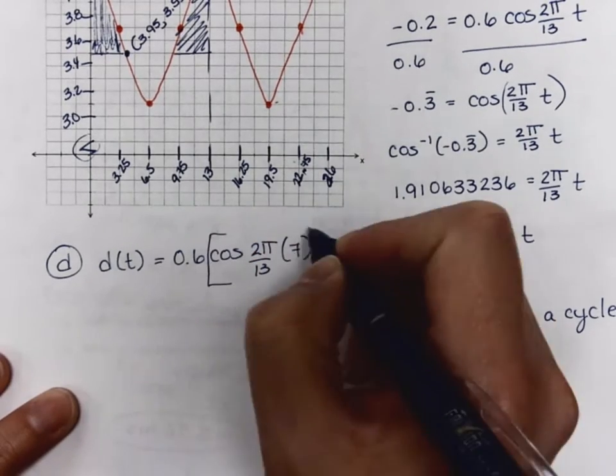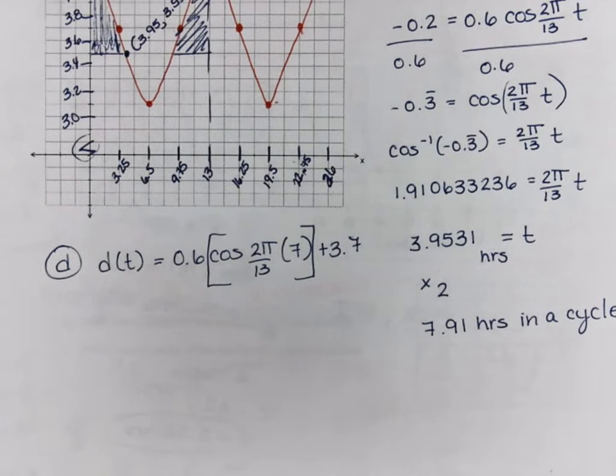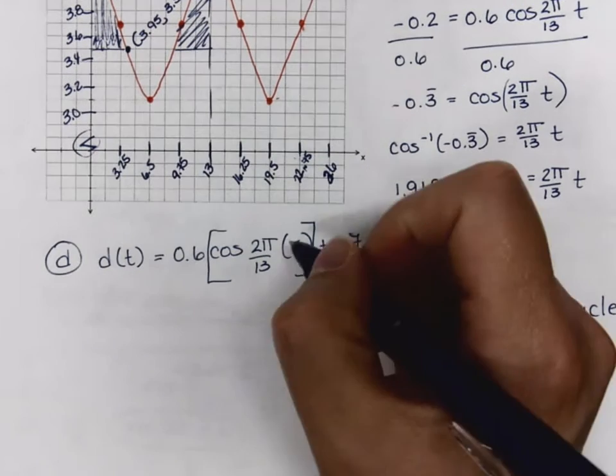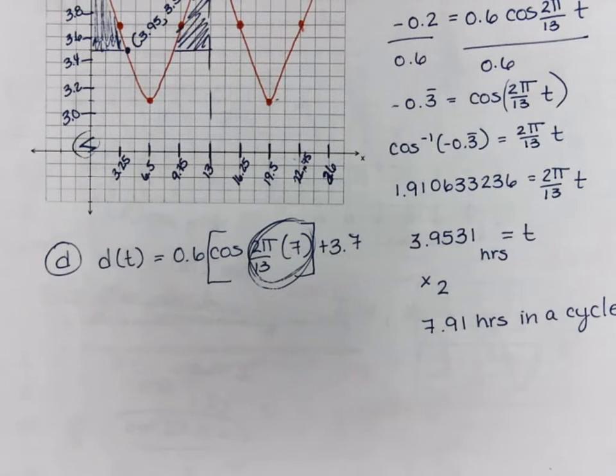So this math has to happen first, right? Well, because the cos is only attached to that. That's the equation, and I just subbed in the 7. That's all I did so far.